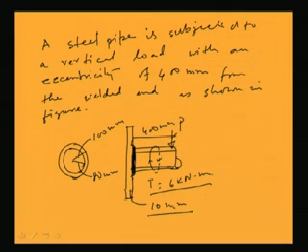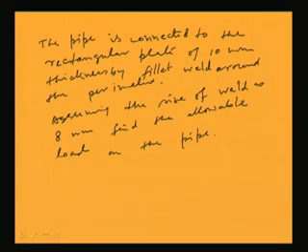The pipe is undergoing a load P which is unknown, and with a torsional moment of 6 kilonewton meter. This torsion is also applied and the force is at a distance of 400 mm from the weld face, and the pipe has 100 mm external radius and 80 mm internal radius. So these are the things that have been given, and also the weld size has been given as 8 mm.